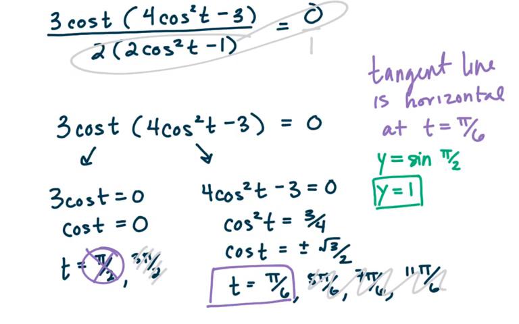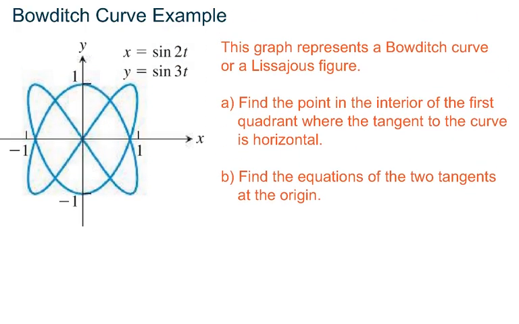So let me clear this screen and we'll go back up and do part B. We're going to find the equation of the two tangents that are occurring at the origin. The ordered pair at the origin is 0, 0.